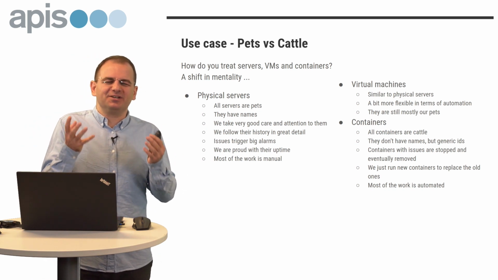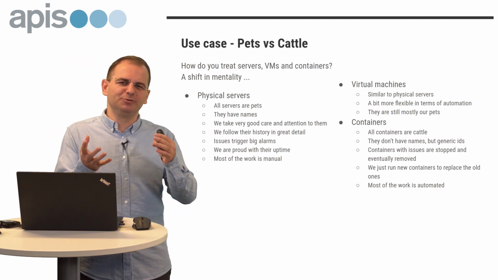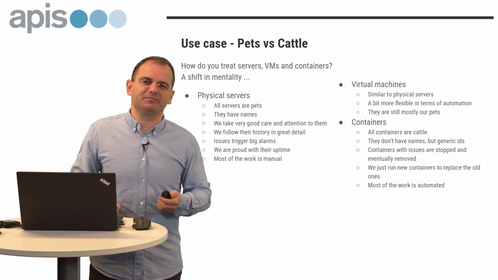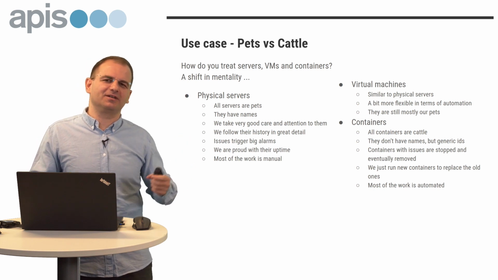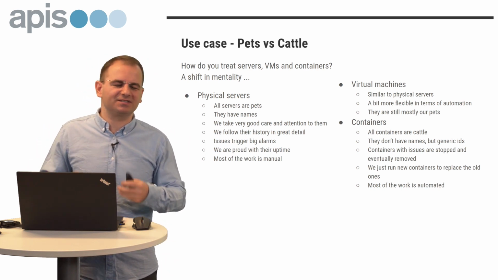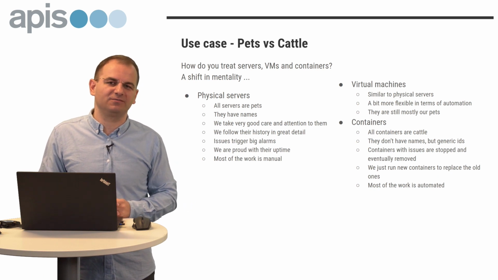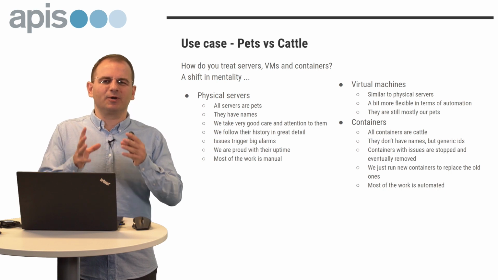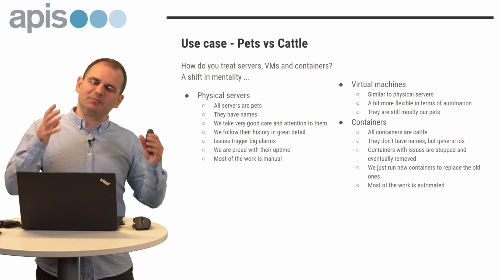They're important to you. You don't want them to break down. So you give them meaningful names. For example, I remember at my university we had Zeus and Alexander and so on. And that thing replicated in each of the companies I went to where we had physical servers. You are proud if they don't go down. So you're proud of their uptime.